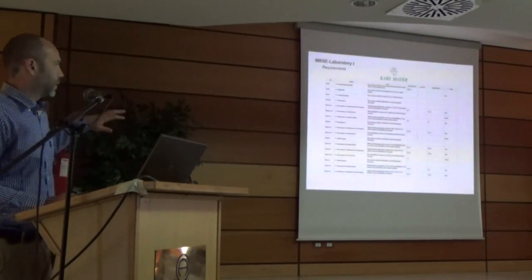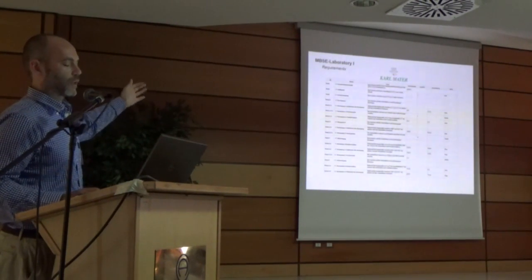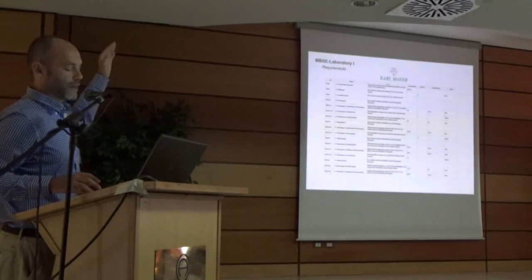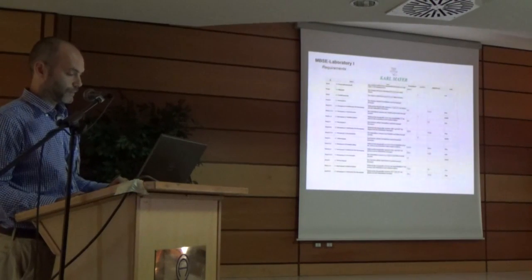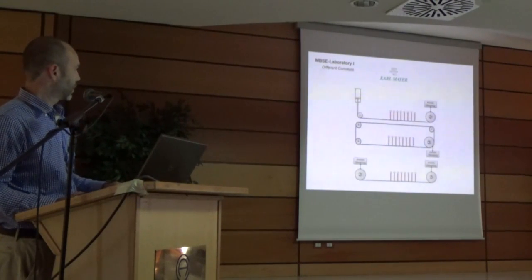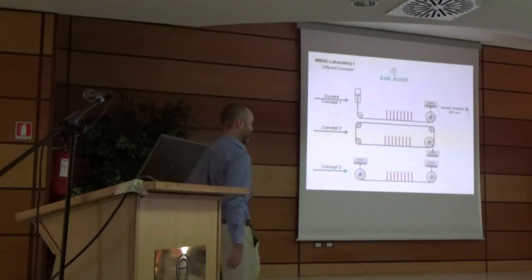So this is what their table of product requirements looks like. They have a list of requirements that they have to make sure the product meets. Here are the different concepts that they wanted to examine.